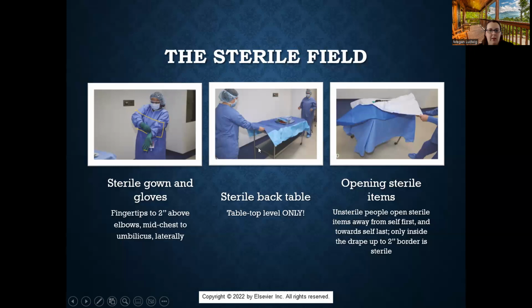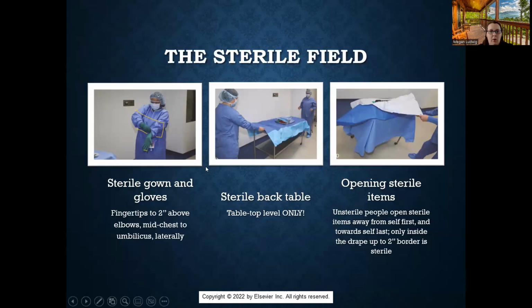All right, the sterile back table is also part of your sterile field. So the sterile table that we covered, you put a cover on top, maybe from your custom pack or whatever it is you're using with supplies in it, will cover this back table that we use for things that we need throughout the procedure. So it is only sterile on the tabletop level only, okay?